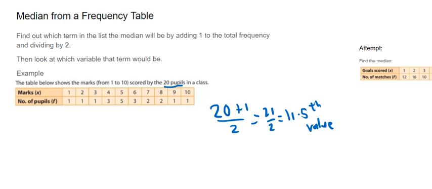So I know that there's one here, and then there's another one here because that's another pupil. So we're more or less counting up now.